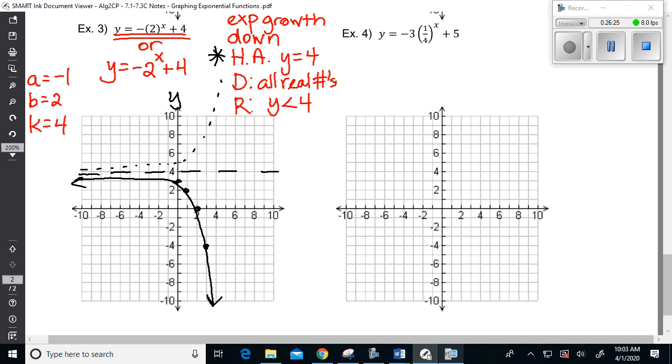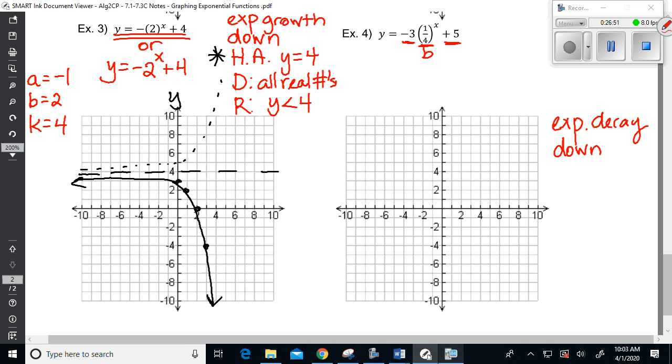Let's do one more example to finish this off. Negative 3 parentheses 1/4 to the x power plus 5. Same rules apply. B is equal to 1/4. That's exponential decay. A is negative 3, so this graph is going to point down.